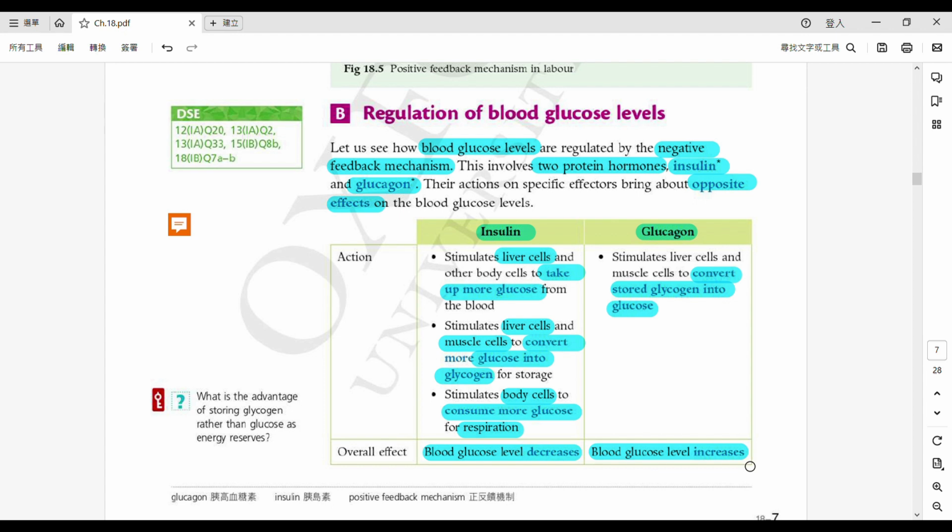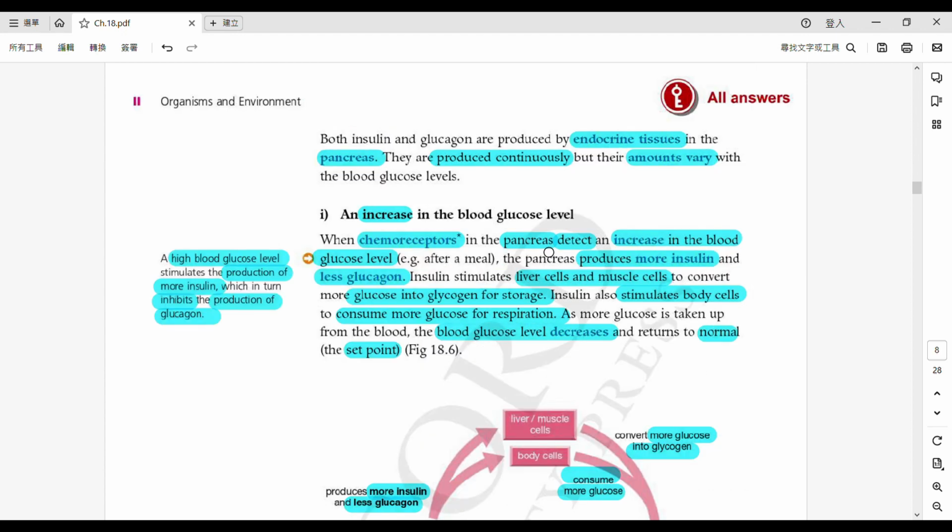Okay, so this is a first introduction to these hormones and the negative feedback mechanism. We've talked about these two hormones, so we're just trying to put both things together, the negative feedback mechanism and the two hormones insulin and glucagon.